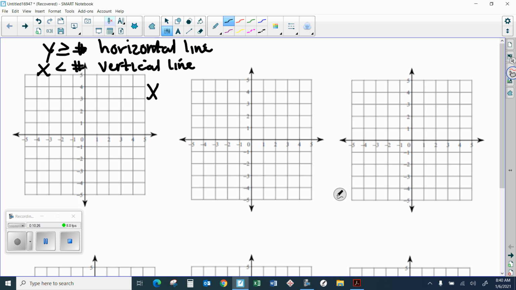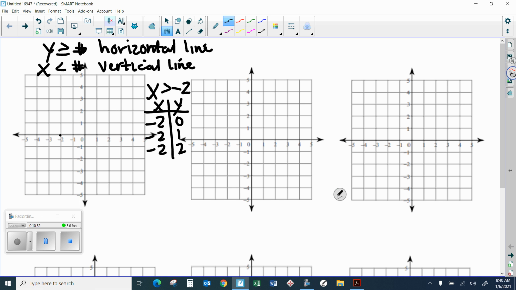So let's say I have x is greater than -2. If I make an XY t-chart, does it say anything about the y values in that inequality? No. So y values can be anything, but x has to be -2. Take 2 or 3 points, because you need 2 points to make a line, and pick different y values.